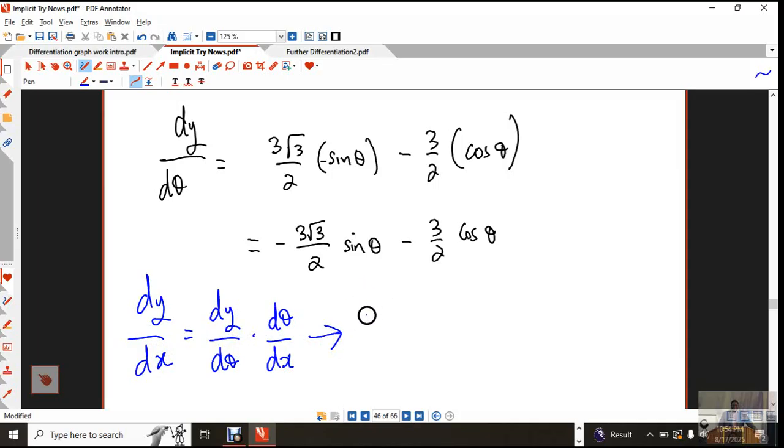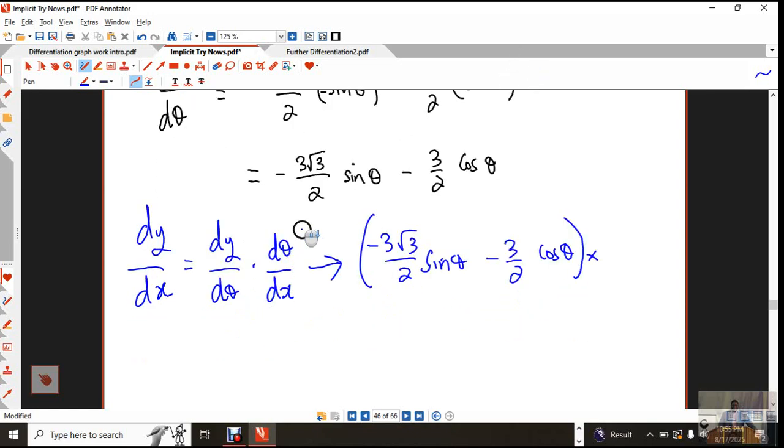So we're going to take all of this, negative 3 root 3 over 2 sine theta minus 3 over 2 of cos theta. We're going to multiply all of this by d theta dx.